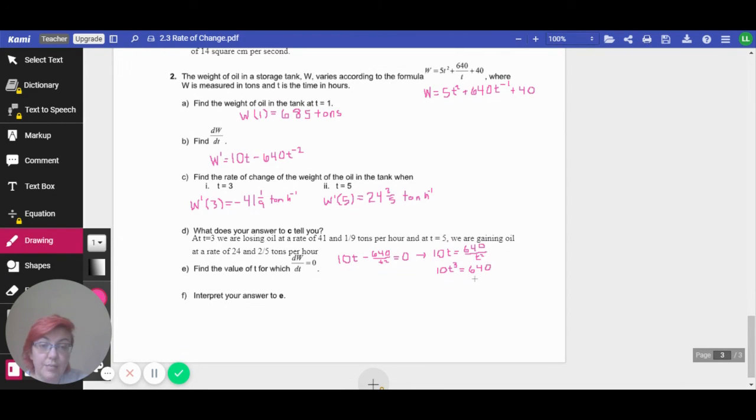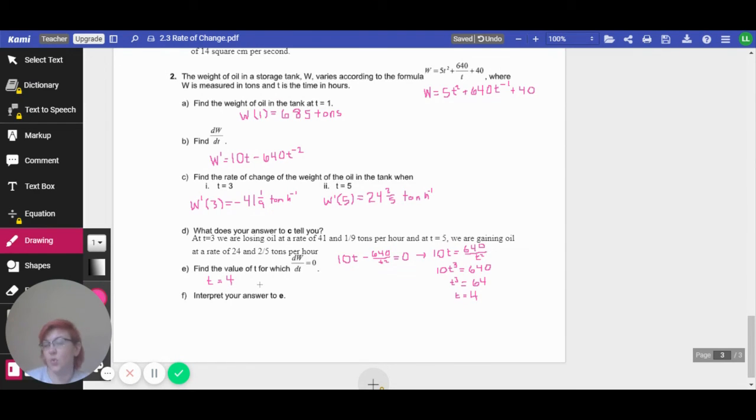I'll then divide both sides by 10 to get t cubed equals 64. And then I'll take the cube root of both sides to find that t equals 4. So the rate of change is 0 when t equals 4.